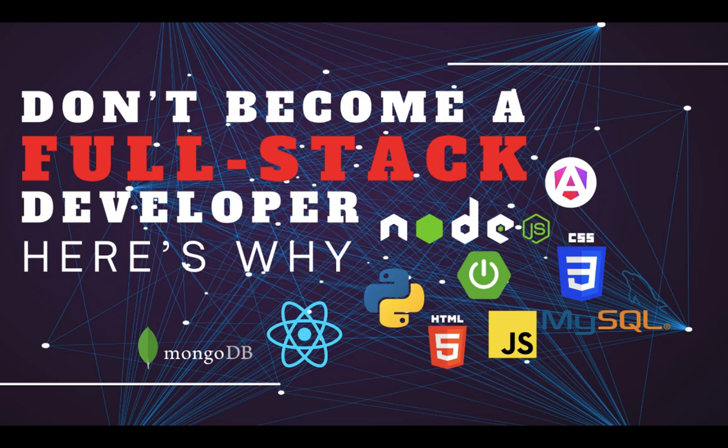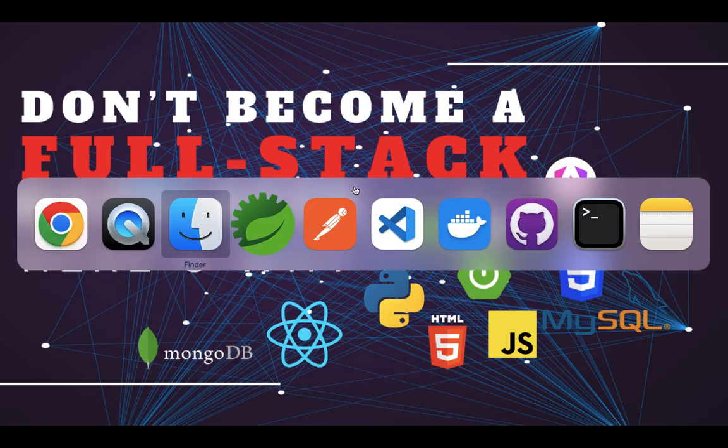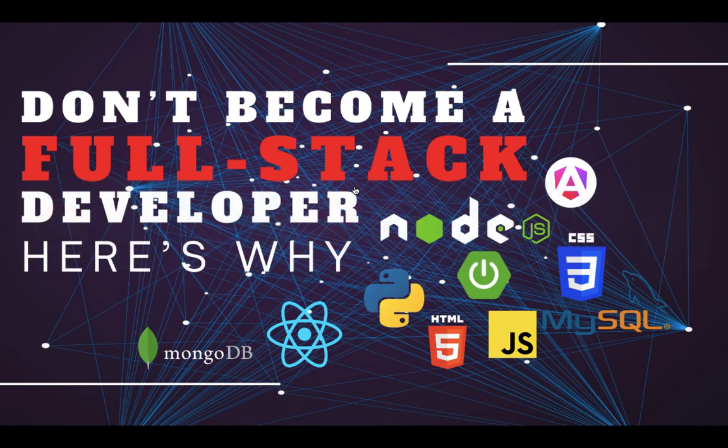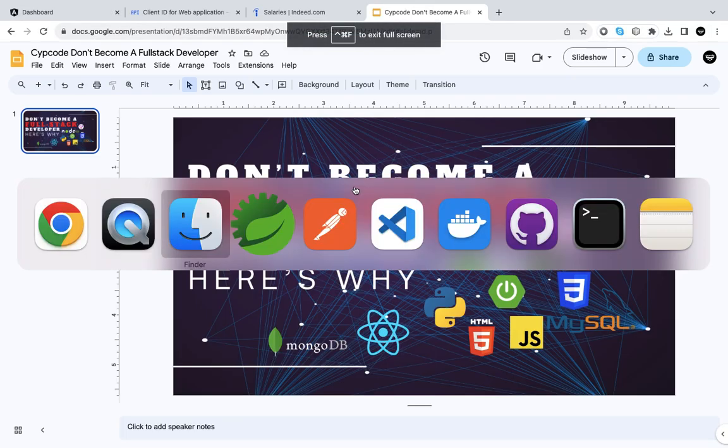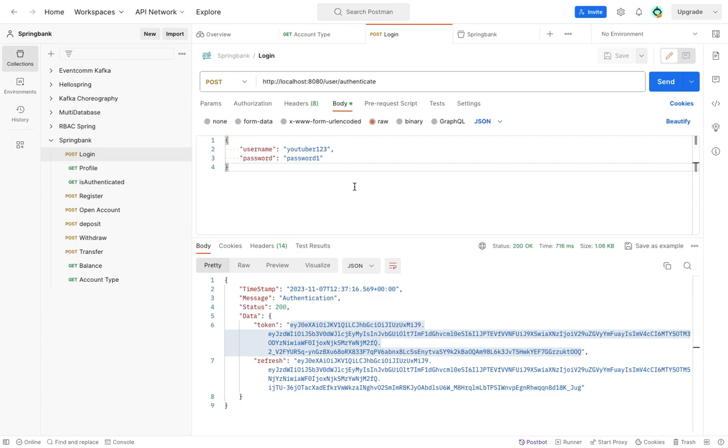So essentially, we want to touch on front end first, and we will go to the back end and see the pros and cons of each level of being a developer. So if you are a front end or if you are a full stack developer, first things first that you would need to consider is the entire stack. You need to know the back end, which means the APIs, like you can see here on our Postman. All of these APIs, you have to know them, develop them.